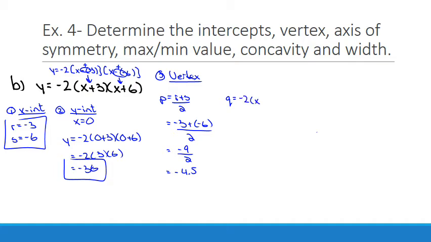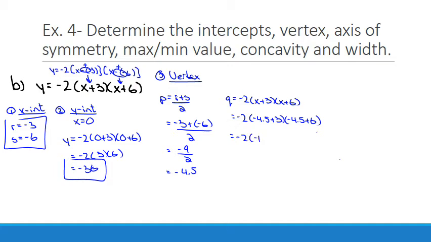you write your equation down that you're given, and you just plug in your x value. So it's the same technique as finding my y-intercept. Instead of always plugging x equals 0 in, I plug in whatever my vertex coordinate is. So that is negative 4.5 plus 3 and negative 4.5 plus 6.